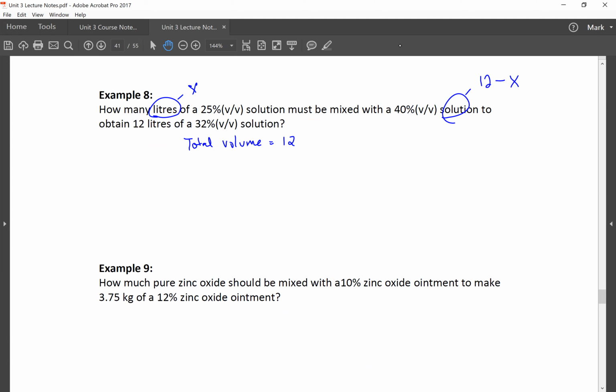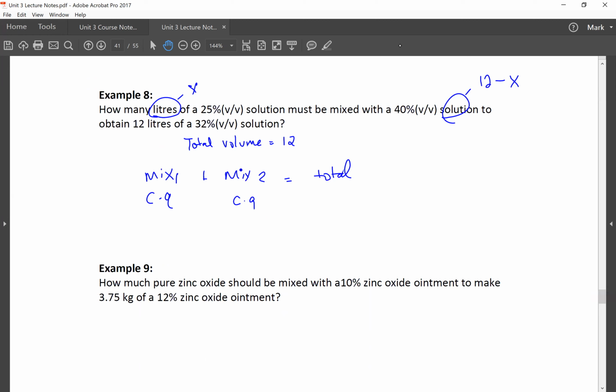Now I'm going to write something down that I'm going to erase really quickly. The way this works is you take the concentration times the quantity of mixture 1, add this to mixture 2, and that's going to equal your total mixture. I'll have to erase this because I don't have a lot of room here.